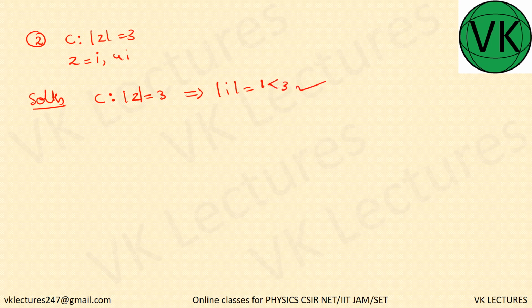So we can take it. And second, for z = 4i, the modulus of 4i is equal to 4, which is greater than 3. We can't take this point.